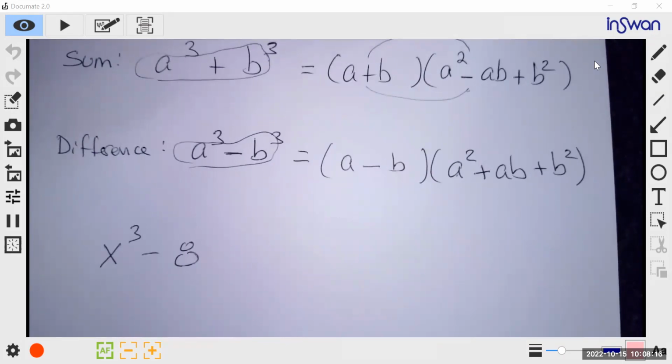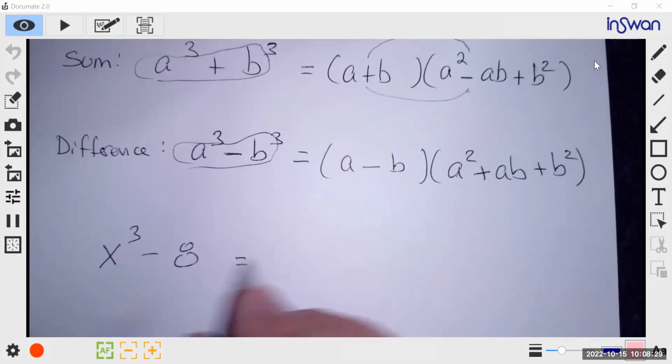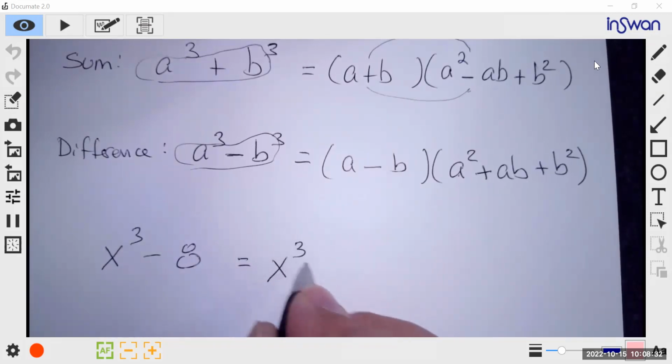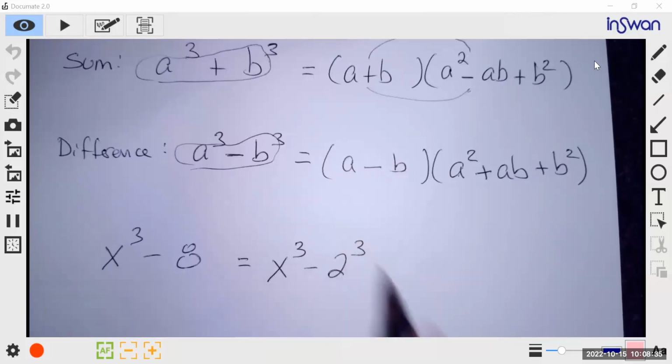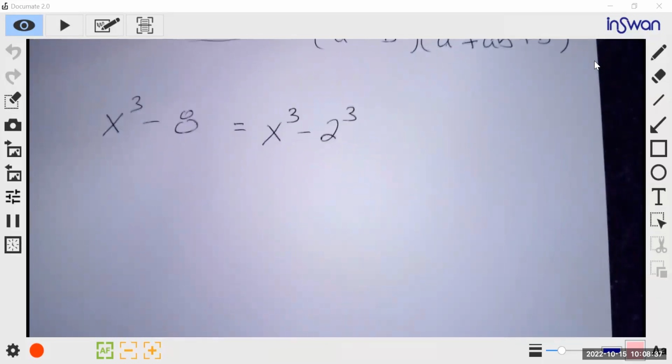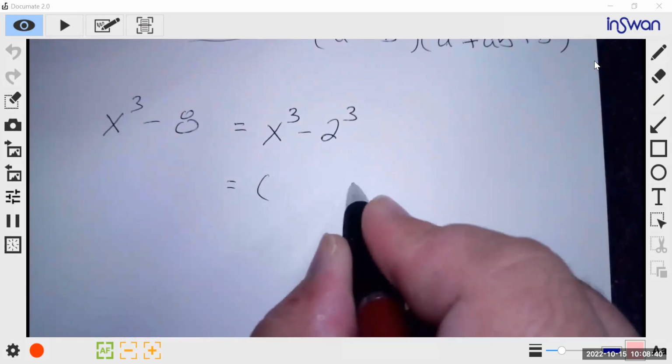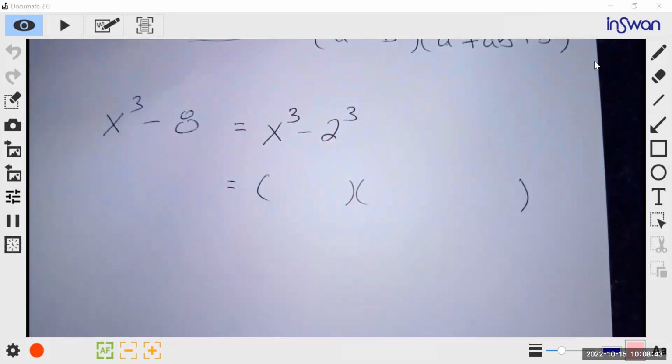So here's an example. First thing to determine, are these two cubes? What is 8 made up of? Yeah, 2 times 2 times 2. Since it's the difference of two cubes, we can split them up. So what goes here?